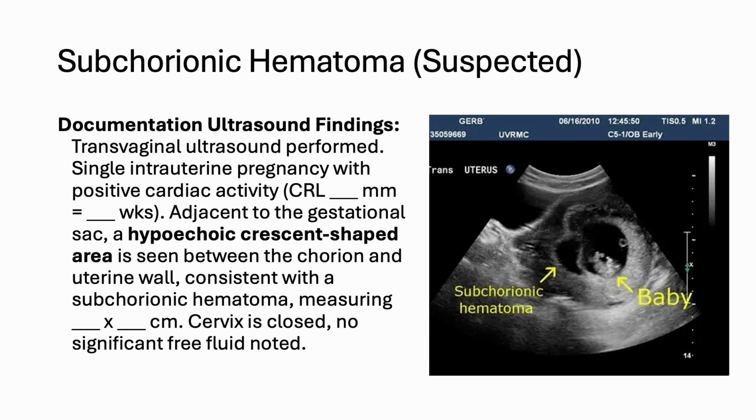So you can see in this image, that is what we see. Between the chorion and the uterine wall, consistent with a subchorionic hematoma, measuring however many centimeters by however many centimeters. The cervix is closed and no significant free fluid is noted. So you'd want to make sure you measure it.